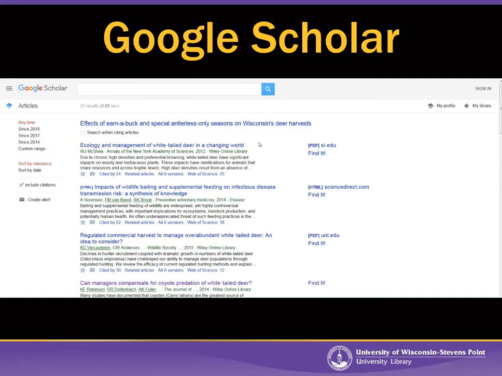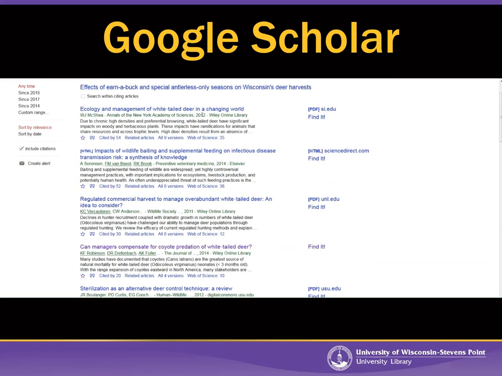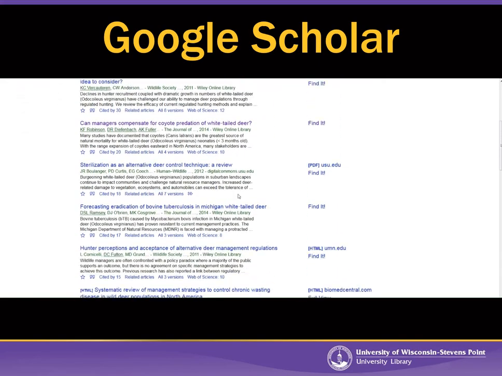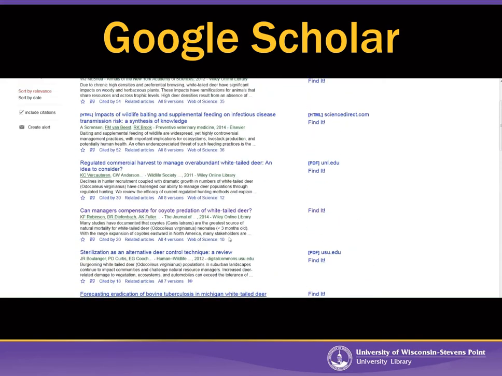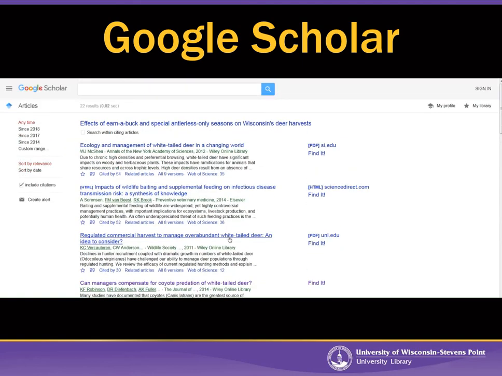And if I look at the different dates, you're going to see that they're all newer than 2010. 2012, 2014, 2011, 2014, etc. 2016 down here. So they're all newer. And then plus you're going to notice in the right column that the sources either have the PDF or the Find It button, or sometimes both.